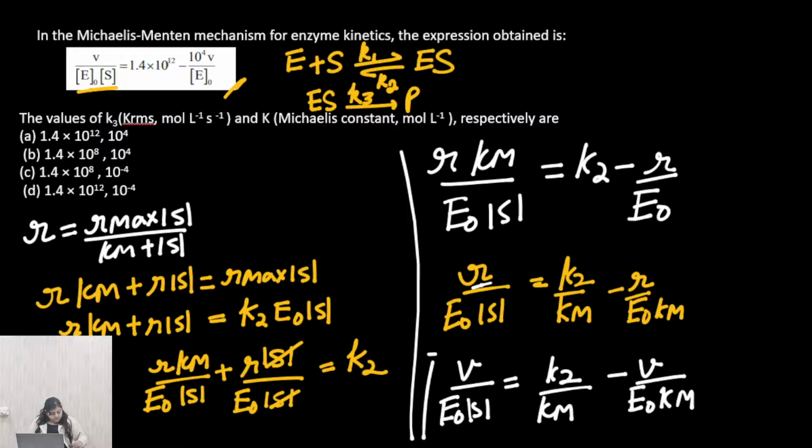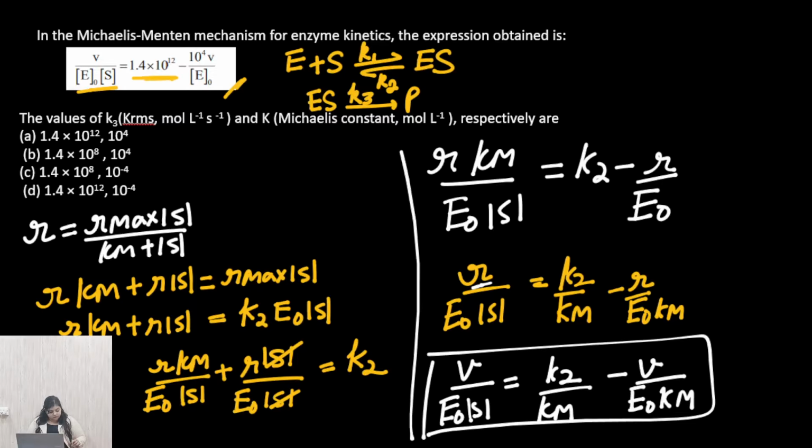So now this expression that we have got and the given expression, just compare these two. So V upon E naught into S is equal to K2 by Km. So K2 by Km value is given to us, which is 1.4 into 10 raised to the power of 12.